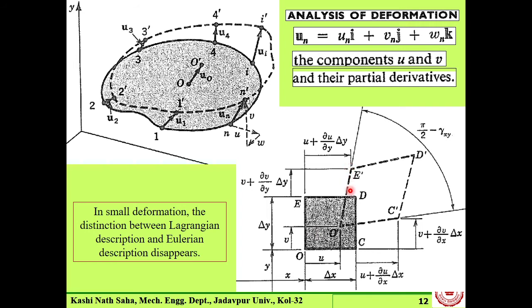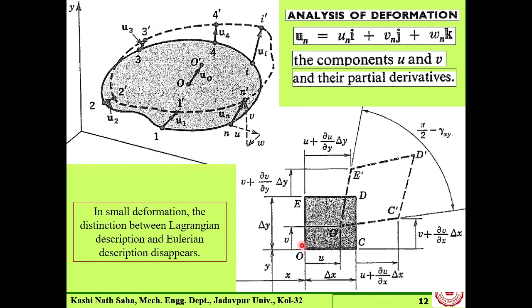The sides of the rectangle are delta X and delta Y. And at this point O, we have some reference coordinate frame. From there we can locate point O, where our displacement field is given by this. In 2D, it is Ux plus Vy, that's all, or Ui plus Vj.